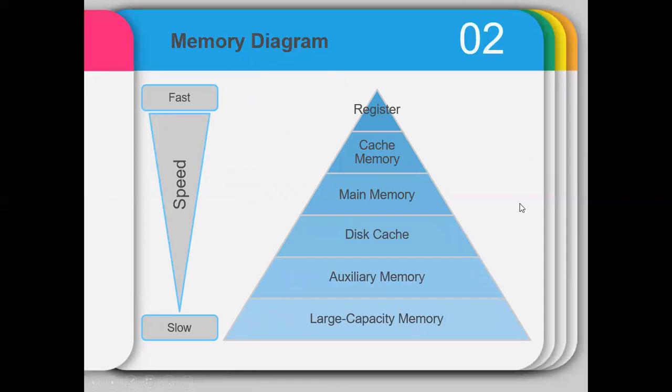If you see the diagram, you will clearly understand. This register is faster, but as you go down, it becomes slower in speed but higher in storage capacity. This one is the lowest capacity, this one is the highest storing capacity, but the access time is much faster when compared to this one.